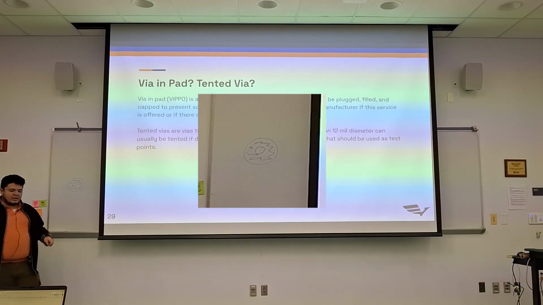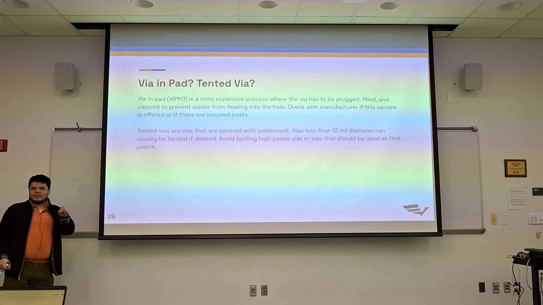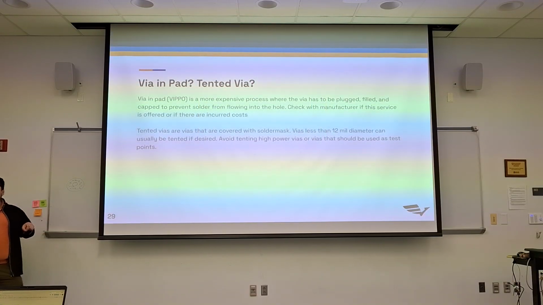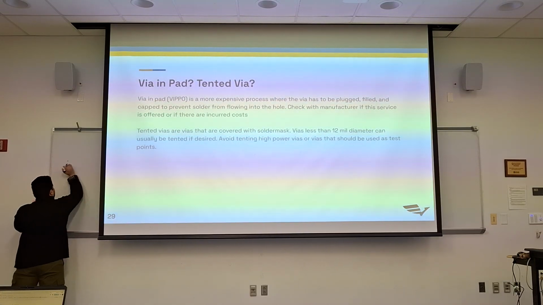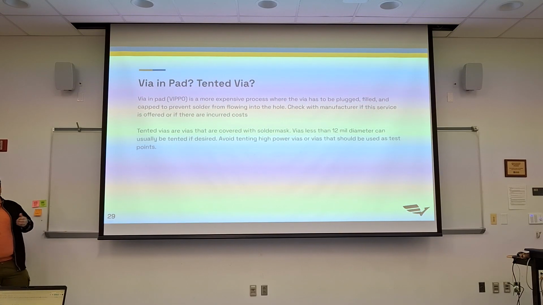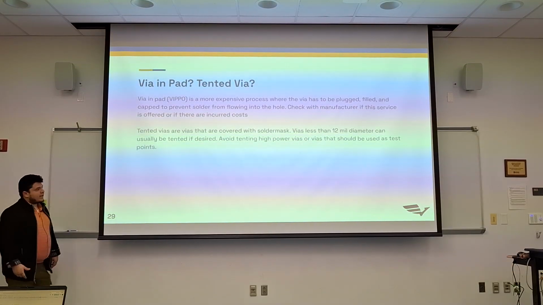That's pretty nice, because you can ensure electrical connections and add some test points without adding them on the schematic. But if you tent them, you can't access them. It's a choice. Often it's a matter of choice.